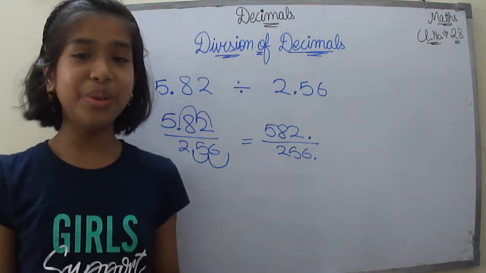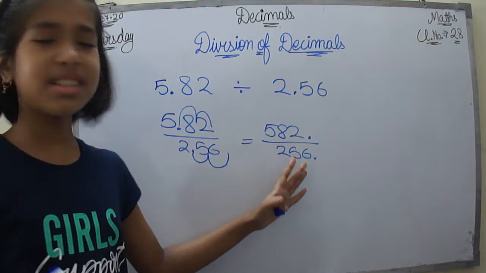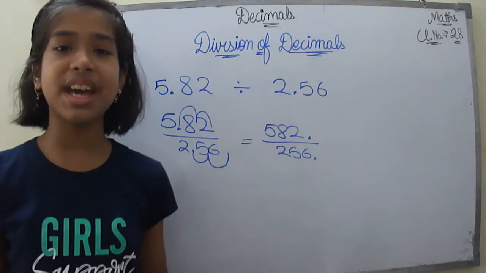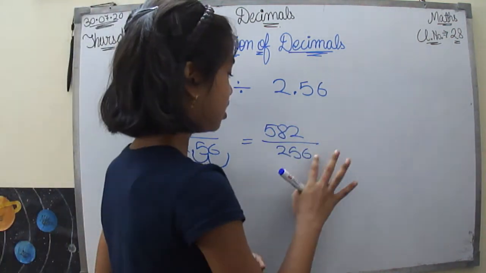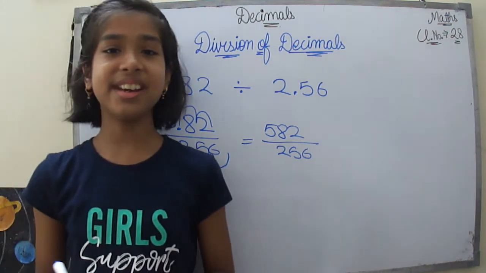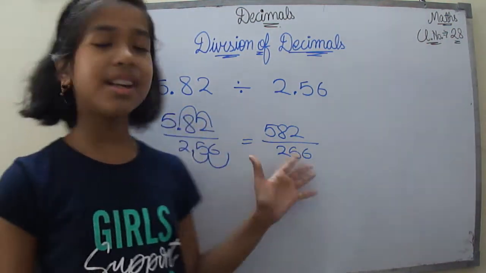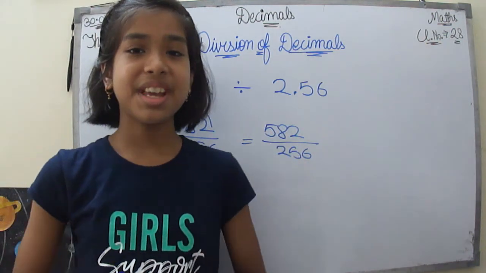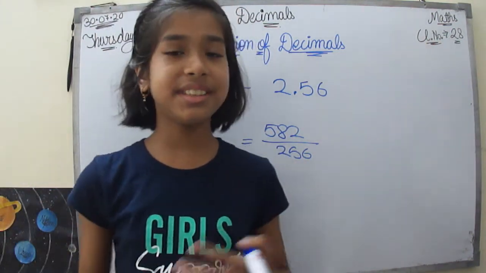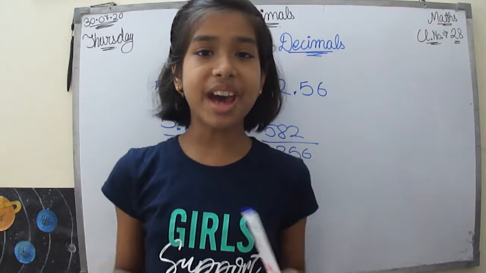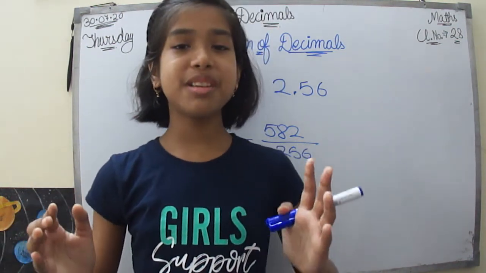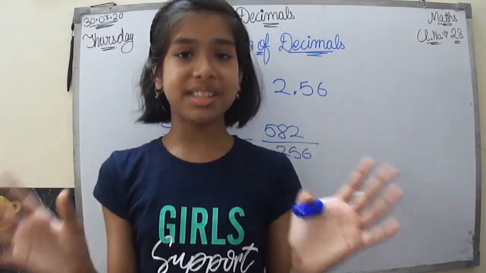Now we all know that this decimal point doesn't carry any meaning, so just rub these off. And here our question becomes simpler, just the division of whole numbers. So like this, you can divide a whole number by a decimal number and two decimal numbers.